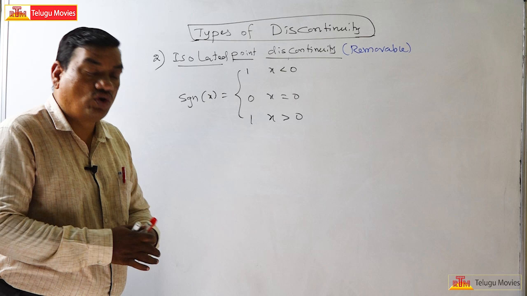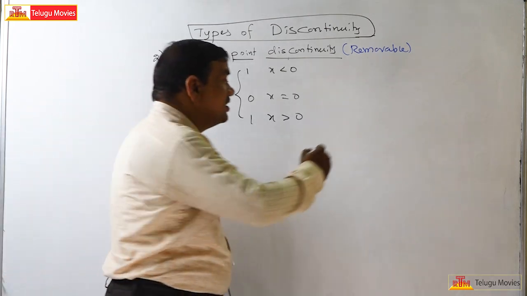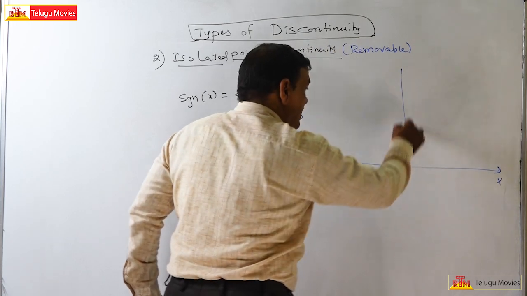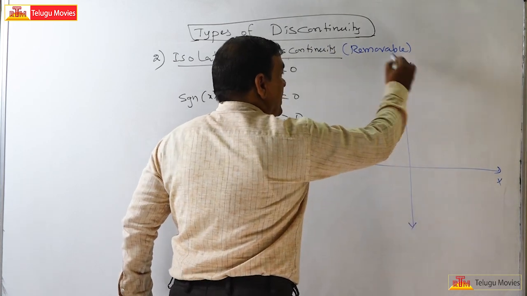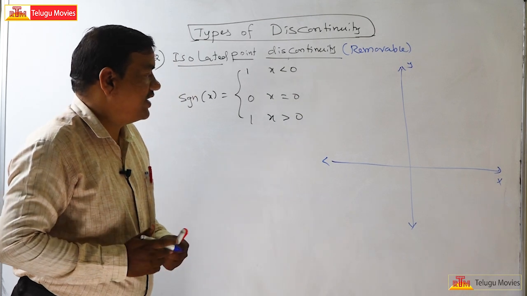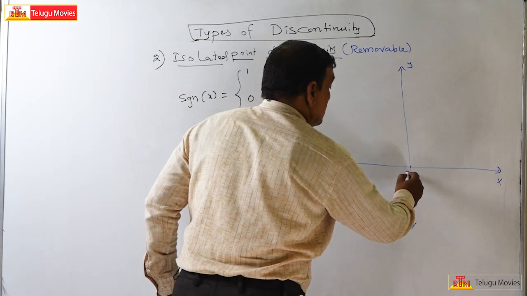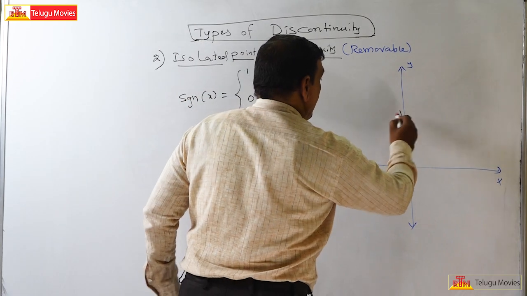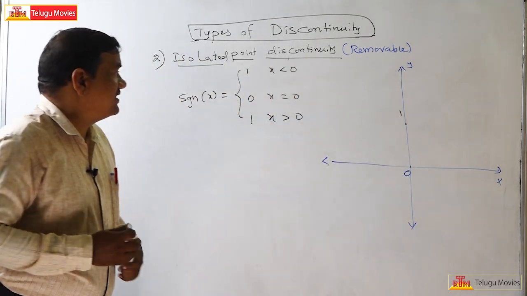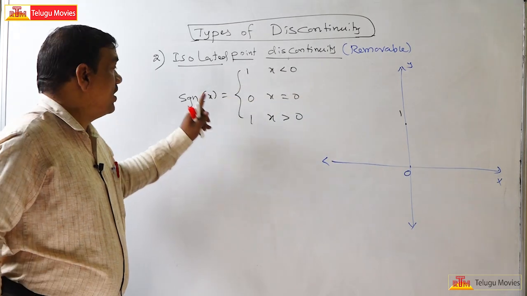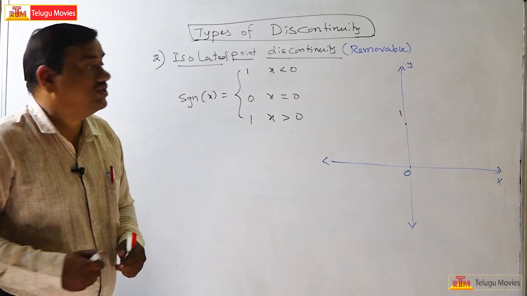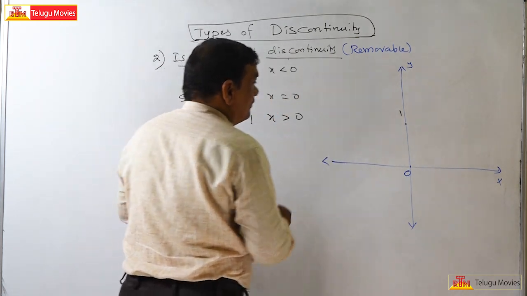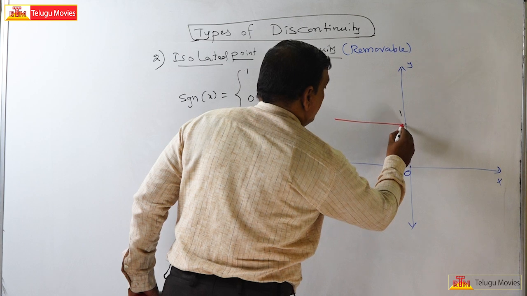If you draw the graph of this function, let us draw it. This is the x-axis and this is the y-axis, with 0 and 1 marked. For x less than 0, f of x is defined as equal to 1, so we draw up to here.